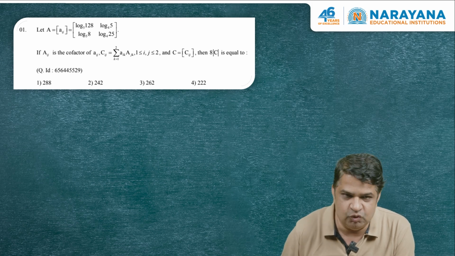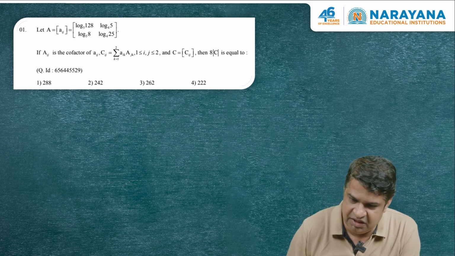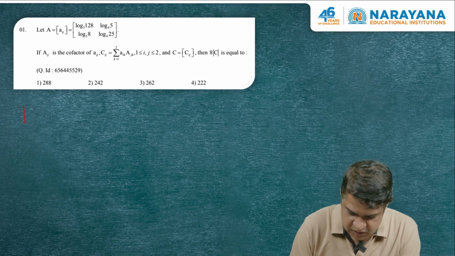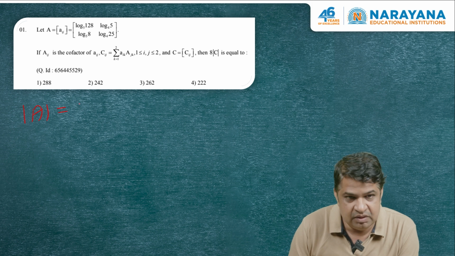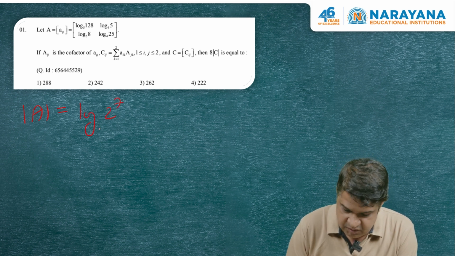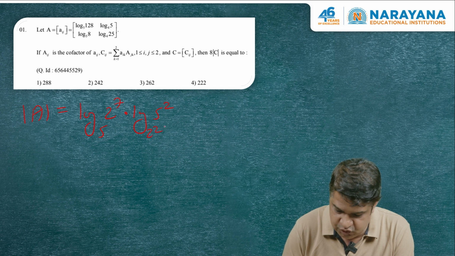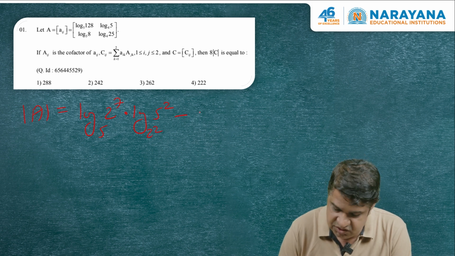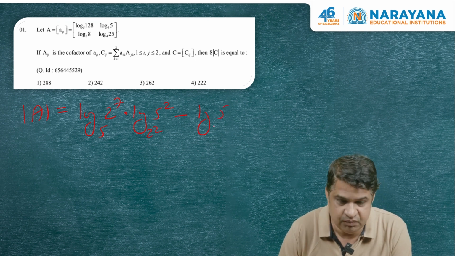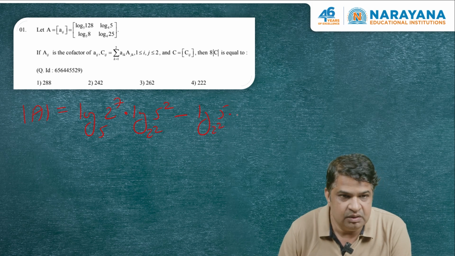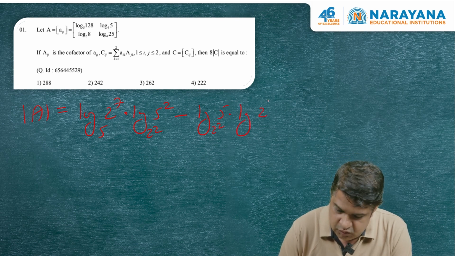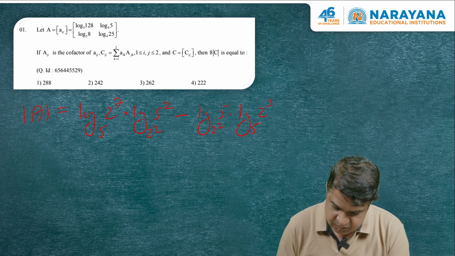So let's start with question number 1. A matrix A is given. Let's first calculate the determinant of the matrix, that is log 2 power 7 base 5 into log 5 square base 2 square minus log 5 base 2 square into log 2 cube base 5.